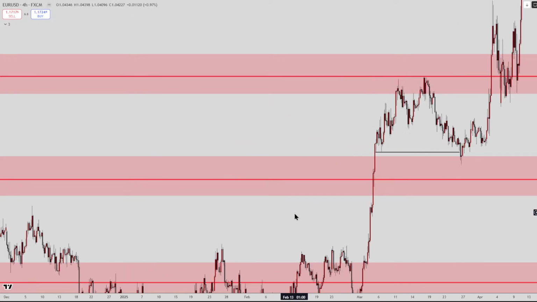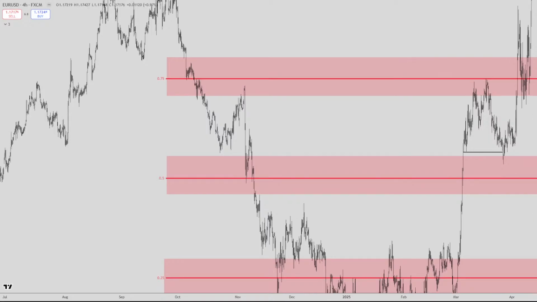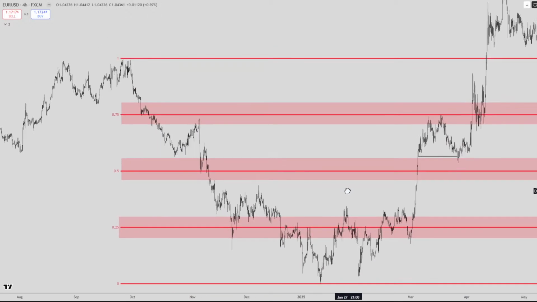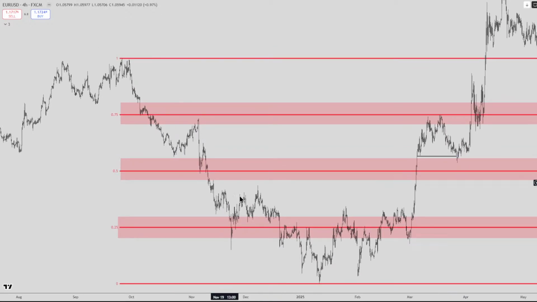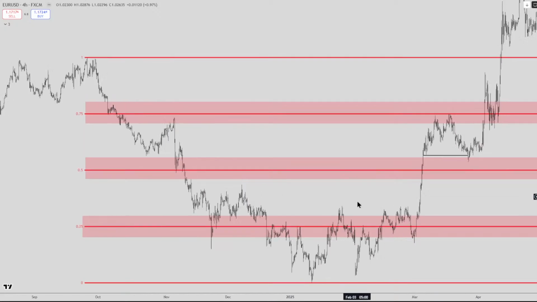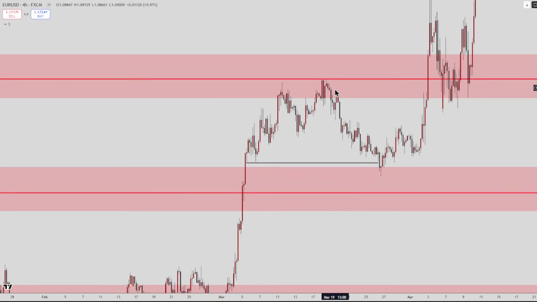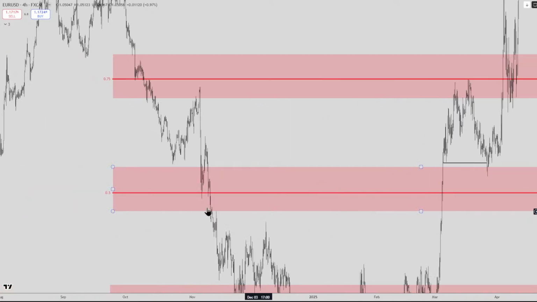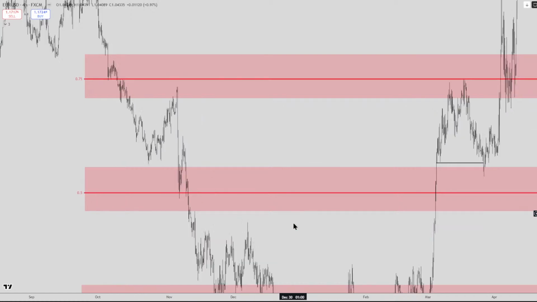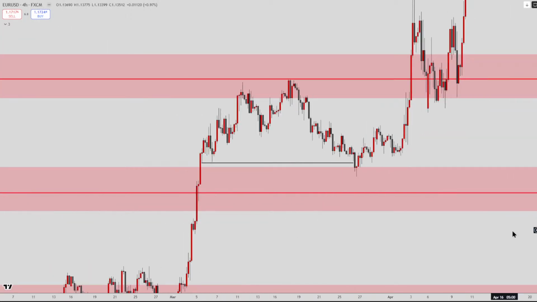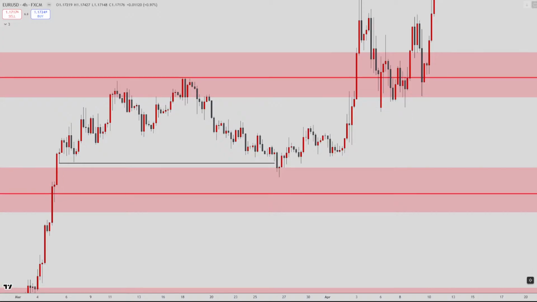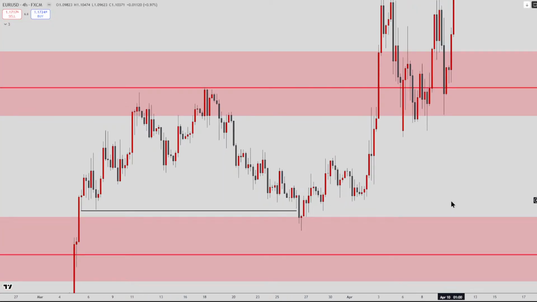If we have an underlying idea that the market is going to keep going higher, and in this case we're looking at a market maker buy model, then any sweep of a consolidation formed at or between these points, the equilibrium and the upper quadrant, is something you can look at to consider a buying opportunity.